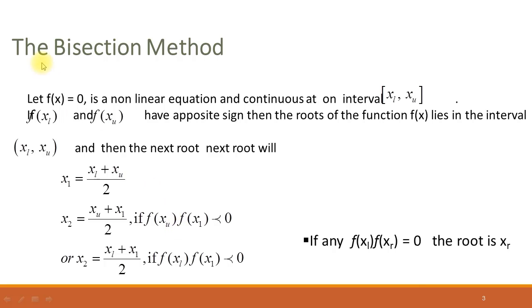Now the bisection method. Suppose we have a nonlinear algebraic equation f(x) = 0, and this function is continuous on the closed interval in which we have two points, xl and xu. xl is the lower limit of this interval, and xu is the upper limit of this interval.